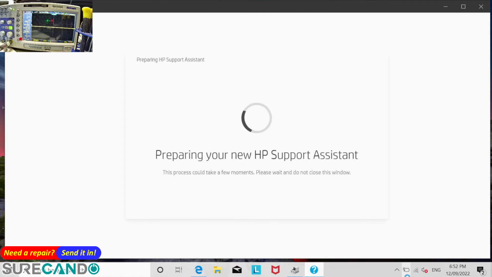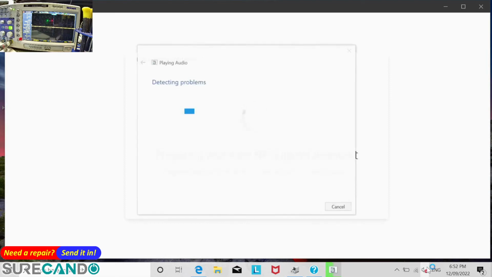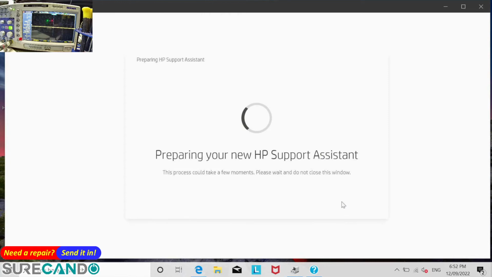See that? So damn interesting, isn't it? Audio chip comes and goes. I mean, I don't mind replacing the audio chip if that's what the cause or issue is.